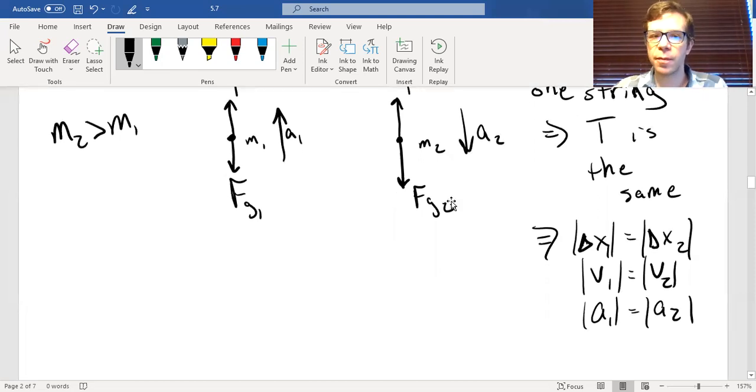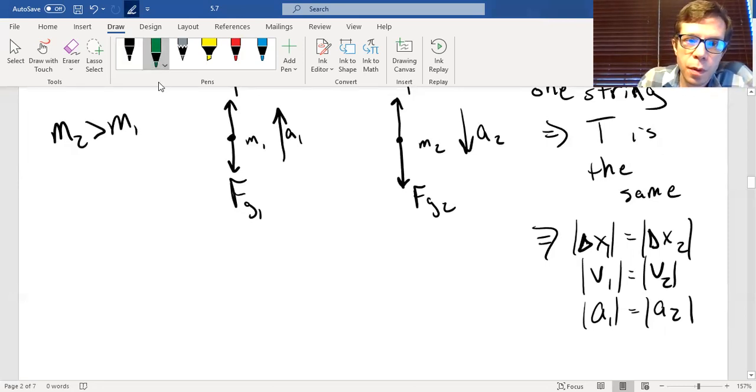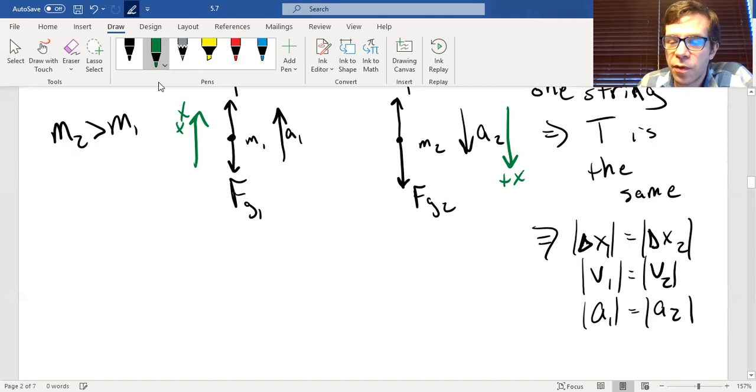So how do we solve this? Let's choose a coordinate system. Now here's where it gets tricky. I can choose the same coordinate system for each free body diagram, or I can choose a different one that'll be consistent. I'm going to choose my plus X direction in the way of the acceleration for both diagrams.